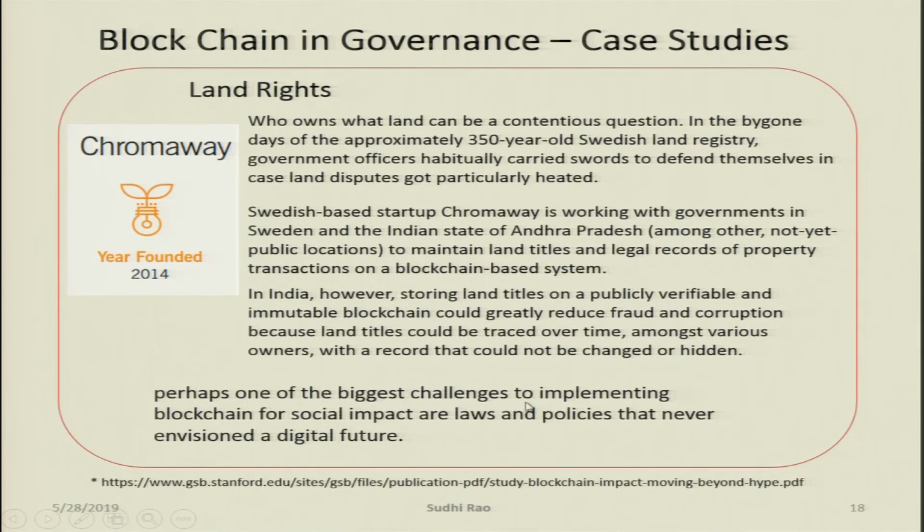Perhaps one of the biggest challenges to implement blockchain for social impact are laws and policies that never envisioned a digital future. Land records today are not public records, they are actually stored by the sub-registrar. They will be made available for a fee. So, there are laws which say only the sub-registrar can keep track of all these records, only the sub-registrar can make changes into these records, only the registrar's office can do all these things.